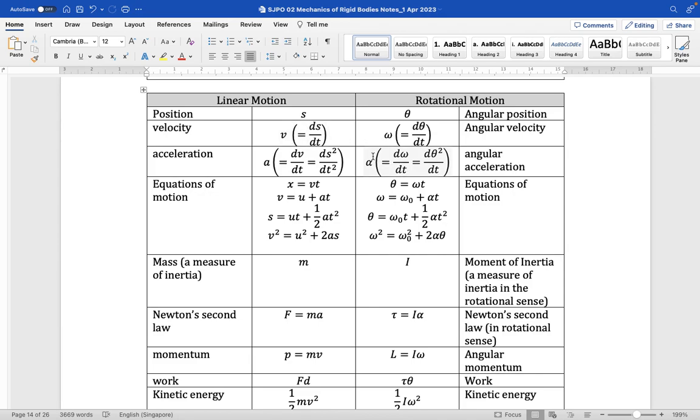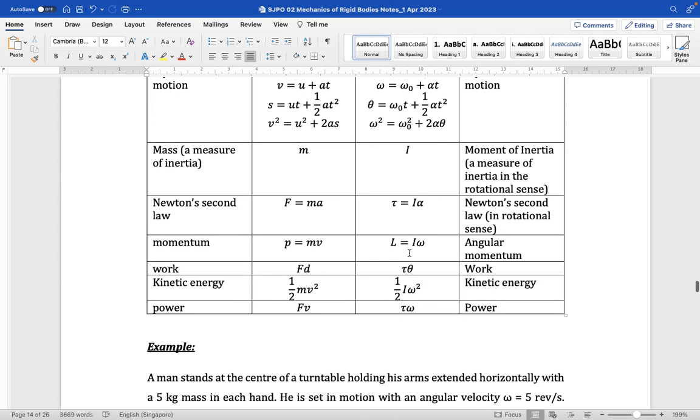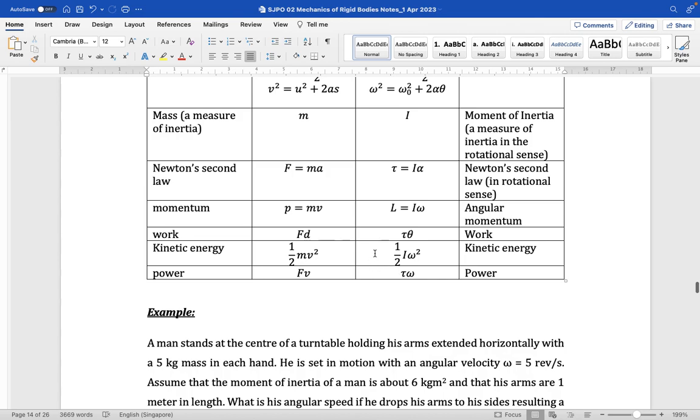And we also have accelerations, and we have variations of the equations of motion. Instead of talking about mass, we'll talk about the moment of inertia. And there's an associated Newton's second law for rotational motion as well. We talk about angular momentum instead of linear momentum. And we also have kinetic energy, etc.